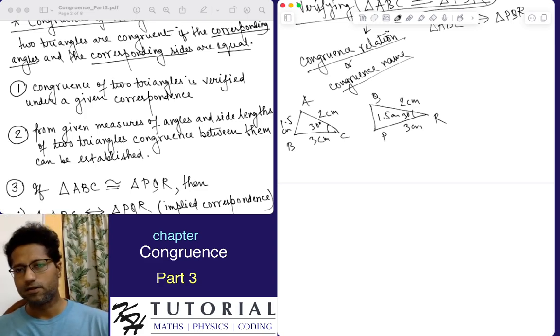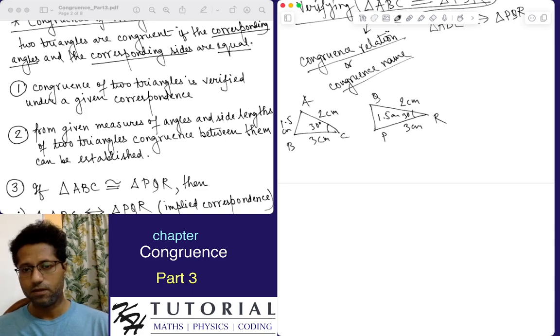You are given two triangles, figures will be given, and you will be given some measures of triangle ABC and some measures of triangle PQR, and you will be asked to prove that they are congruent.